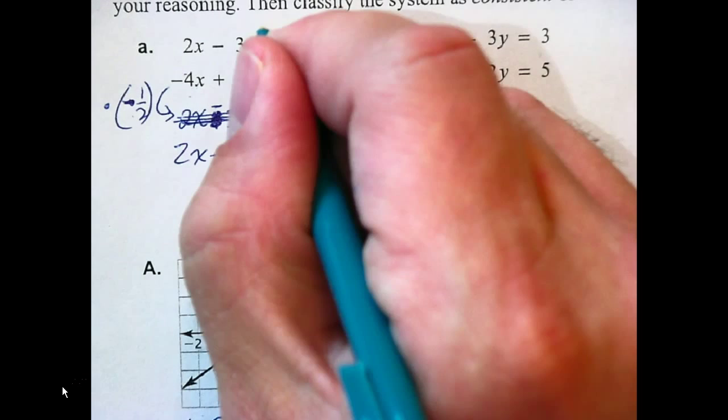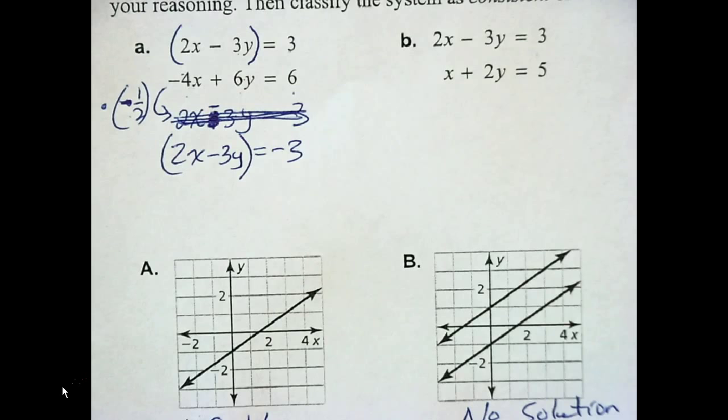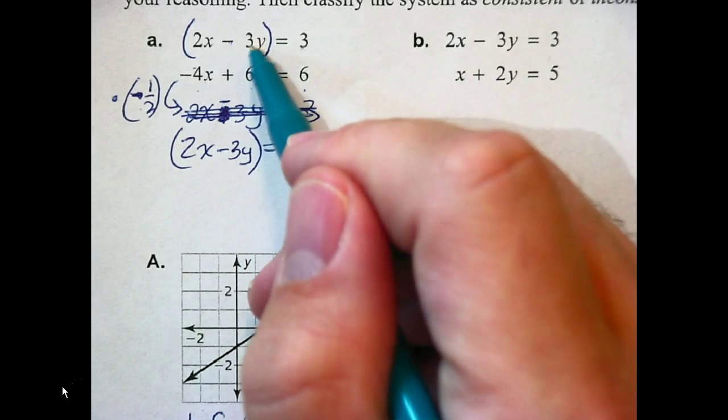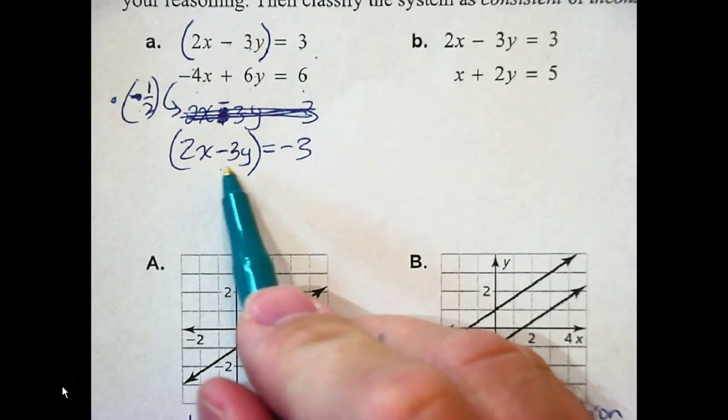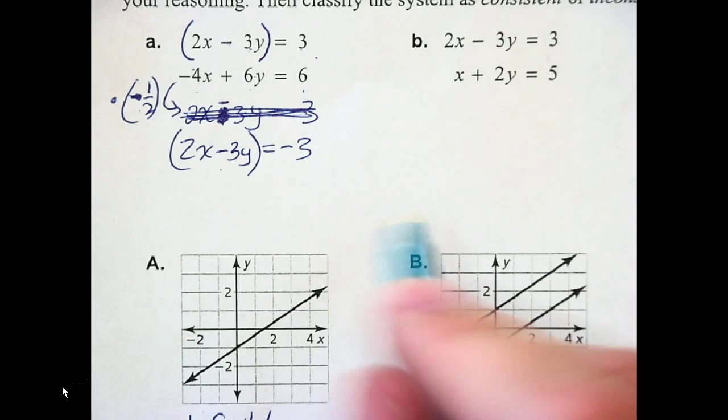Let me focus in right here. How is that helpful? Yeah, these things are identical, right? So if 2x minus 3y equals 3, and here you're saying 2x minus 3y equals negative 3, really, tell your neighbor what statement are you actually saying.